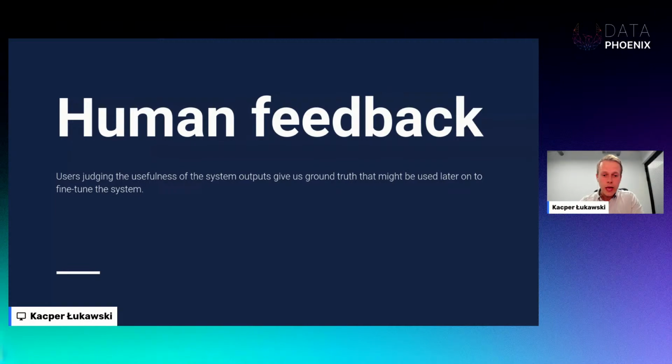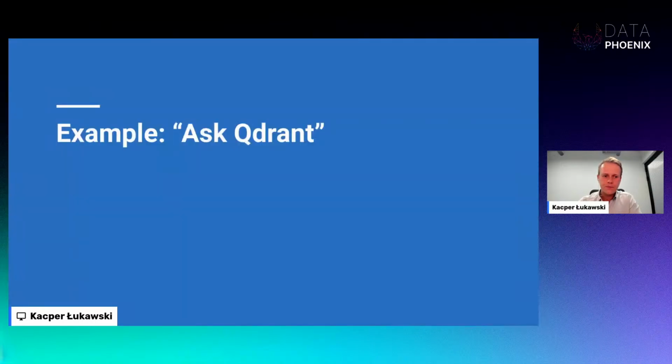This is also doable with some services like Cohere. They provide you a way to fine-tune the model for your own purposes, but also for those private or self-hosted models, this is also pretty useful. This human feedback might be used as a ground truth in some further processing, just to know that a particular answer was not that relevant.